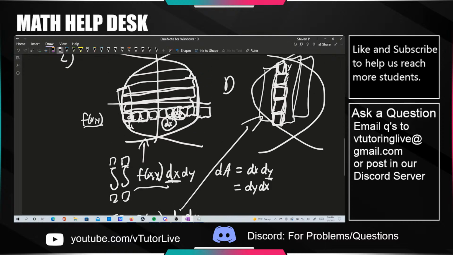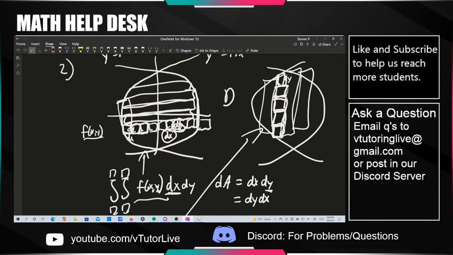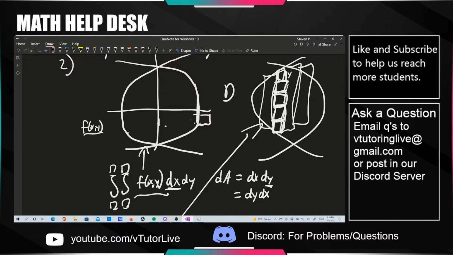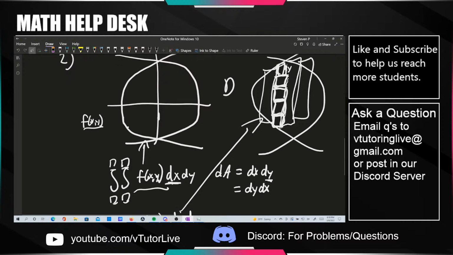The difficulty here is that, if you're varying x first, how far it goes on each side depends on y.